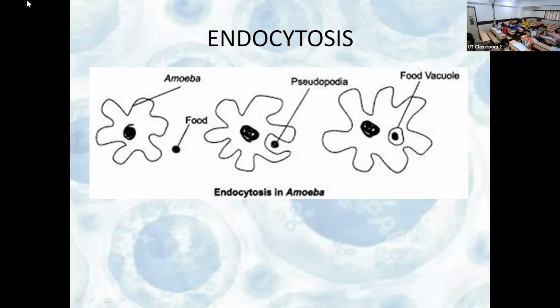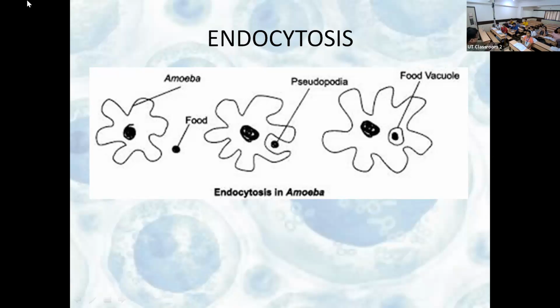Can you see the amoeba? You will study it in detail next year. Amoeba moves towards the food source. This is food. Okay? So amoeba is of irregular shape. It moves with the help of pseudopodia. While moving, how will the pseudopodia take the food? It will take it inside. The food was outside earlier, now where is the food? Inside.